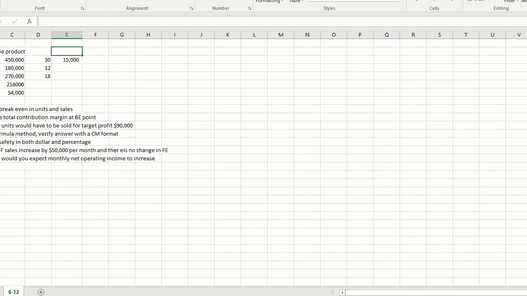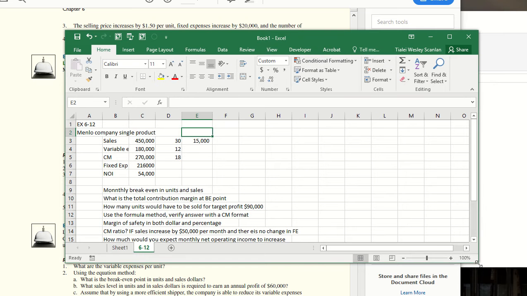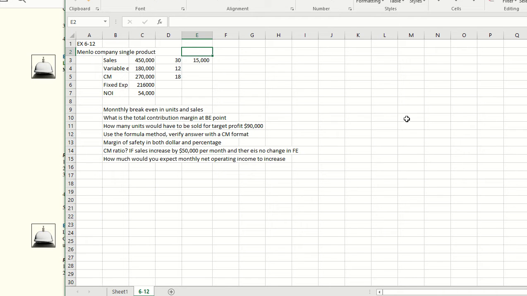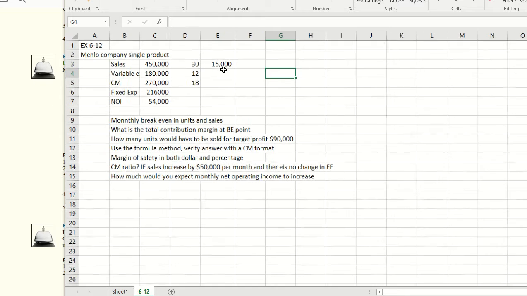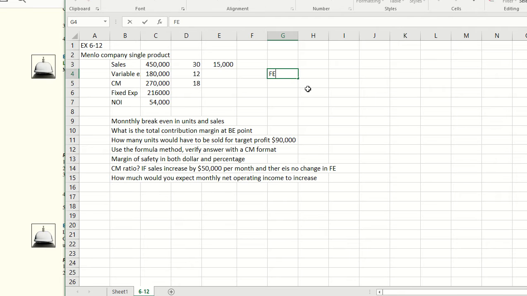Break-even point. So break-even point on a unit amount and a sales dollar amount. We would do our fixed expenses over the unit contribution margin, and then our fixed expenses divided by the contribution margin ratio for the total sales dollars.